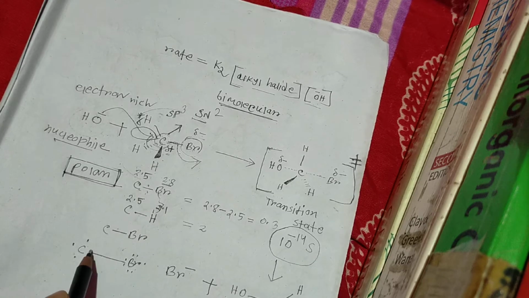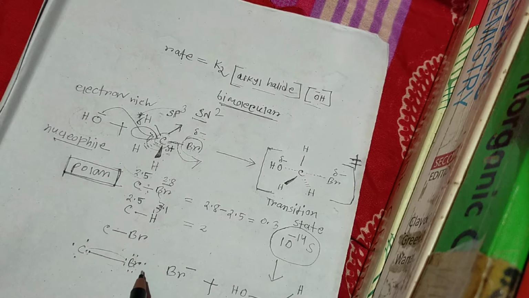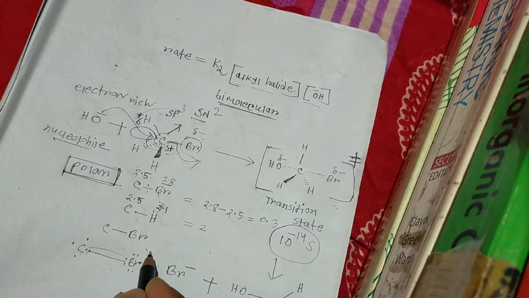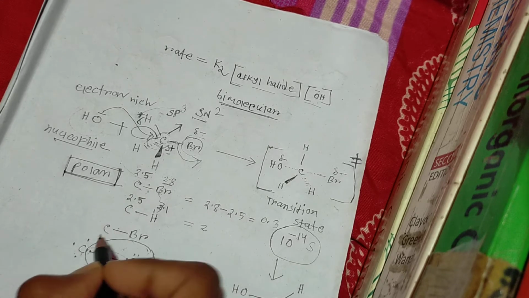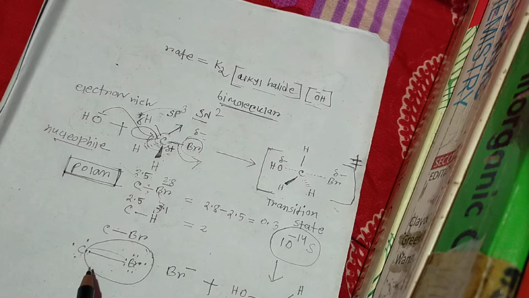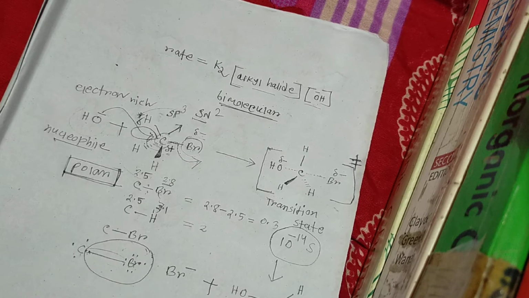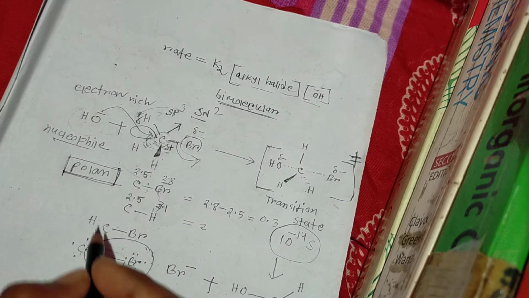So the shared electrons are 2, but bromine has 7 valence electrons. So the bromine and carbon bond formation occurs because bromine fulfills its octet, and carbon obviously fulfills its octet because carbon forms a bond with the bromine atom by sharing.